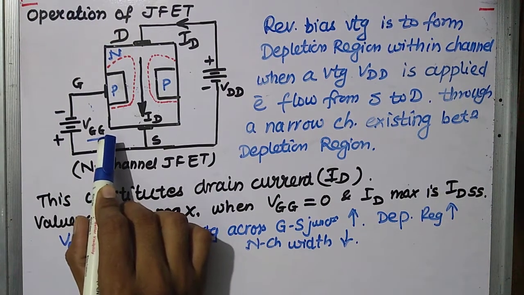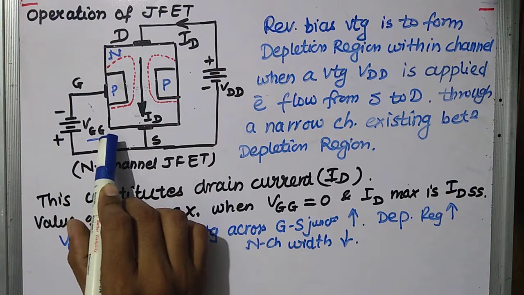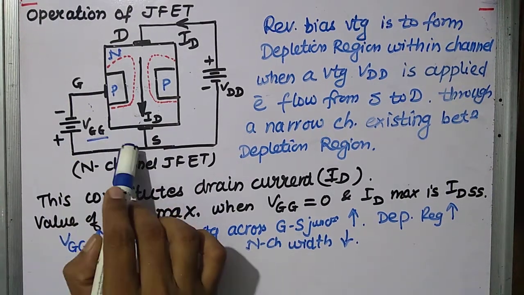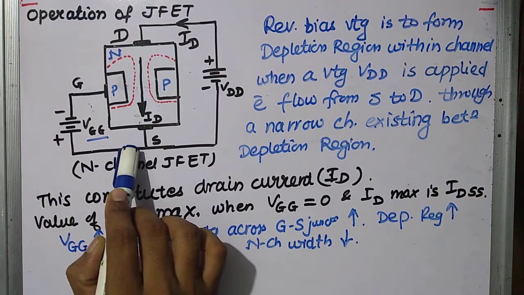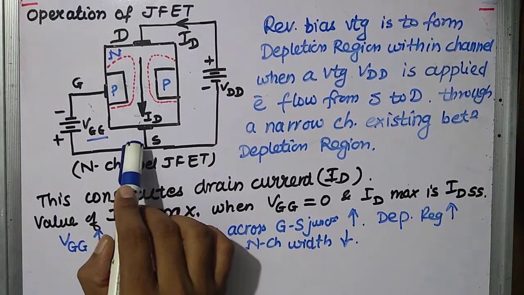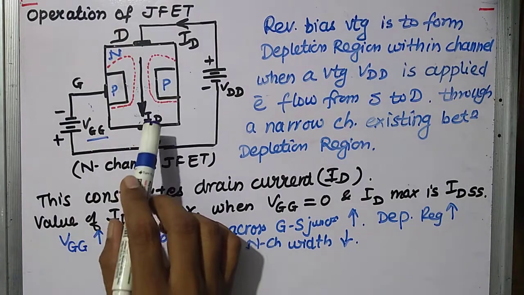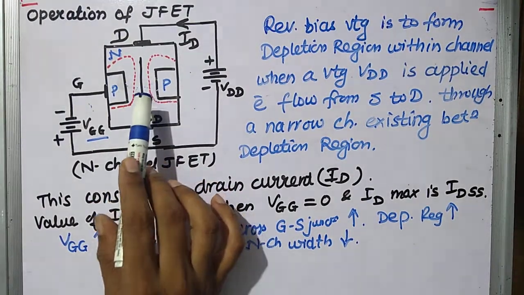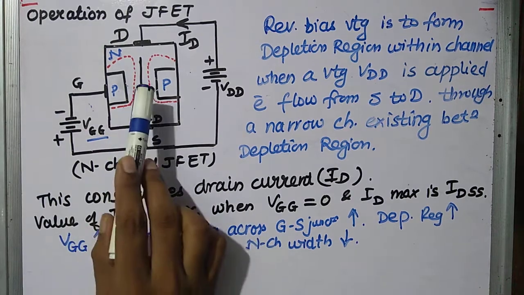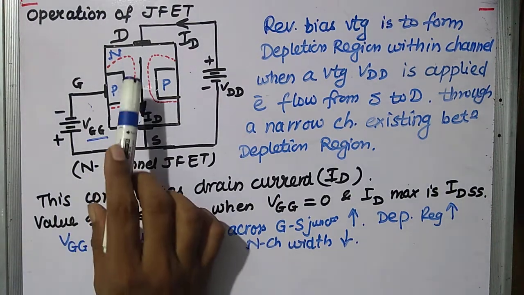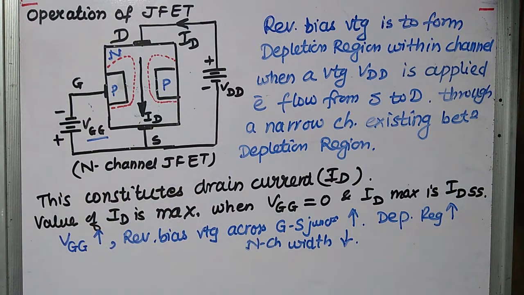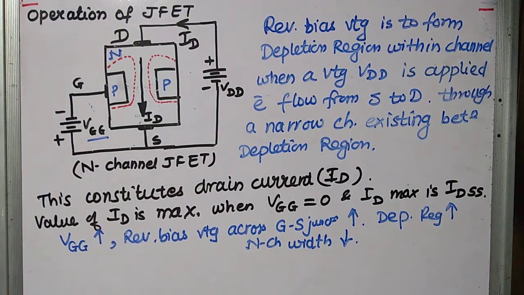Now there may be a condition when we further increase the gate to source voltage. A stage can be reached when these two depletion regions will touch each other. Now let us see the condition when VGG is increased and these two depletion regions will touch each other. Let us understand by this diagram.